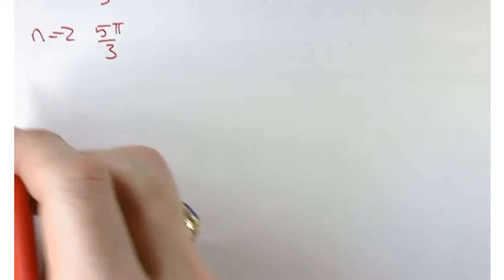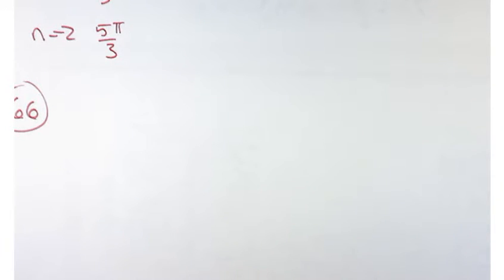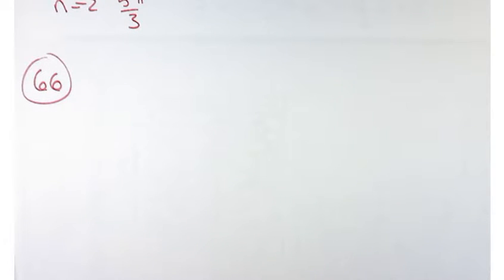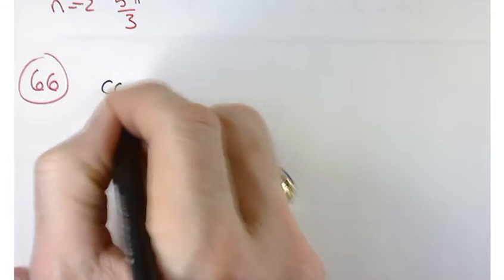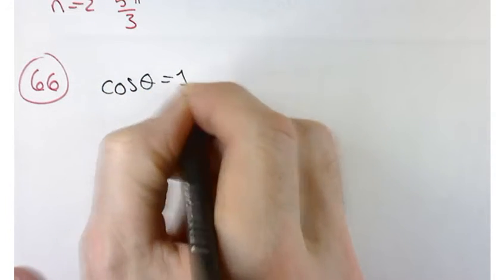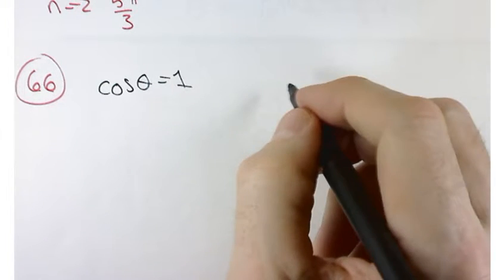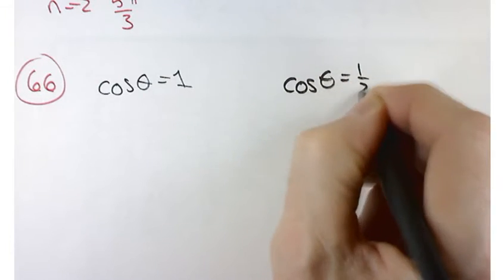We're eventually going to work on problem 66. But I want to do a couple of pre-problems that build off of the stuff we've been doing. So, for instance, if I was to ask you for the general solutions of cosine of theta equals 1, what would those be? Or the solutions of cosine of theta equals 1/2.